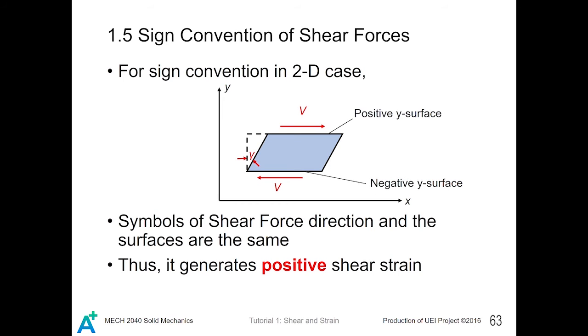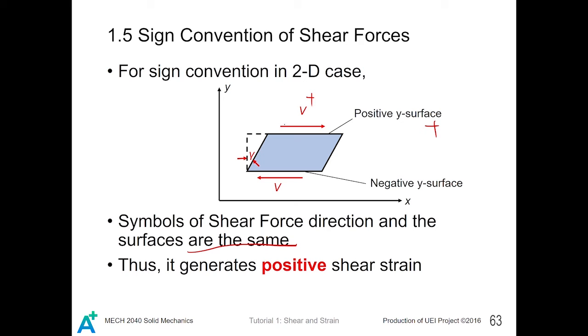For the sign convention in the 2D case, this is positive. Why? Because the force is pointing in the positive x direction, and this surface is defined as the positive y surface. That means the shear force direction and the surface sign are the same. So this is pointing in the positive direction and this is a positive surface.